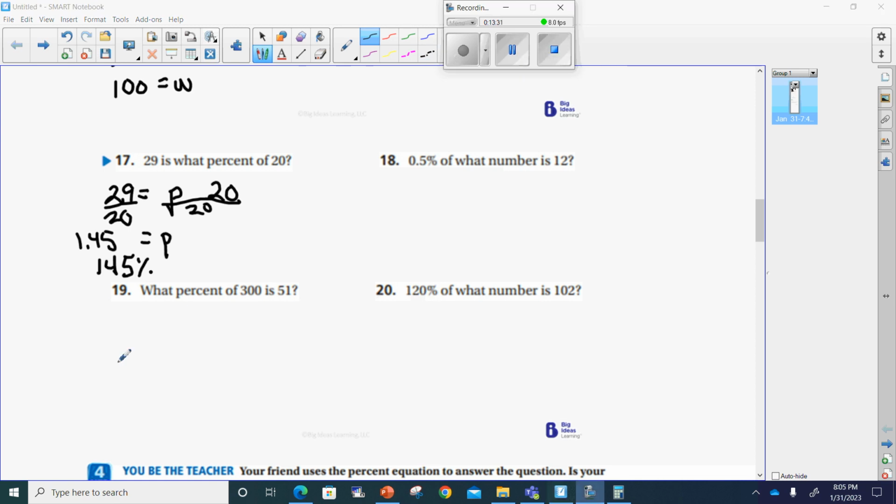All right. Number 19 says, what percent of 300 is 51? The "of" is 300, so that's going to be the whole. The "is" is the 51. So we're looking for the percent. Once again, I'm going to divide 300 away, which means I'll divide 51 by 300.